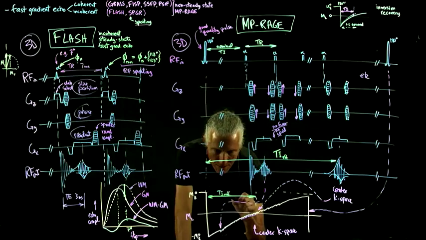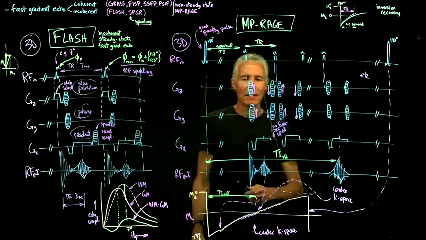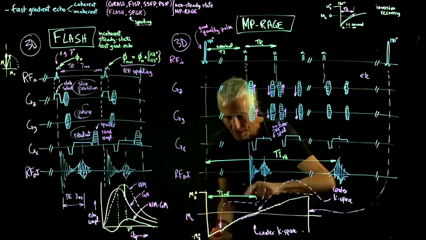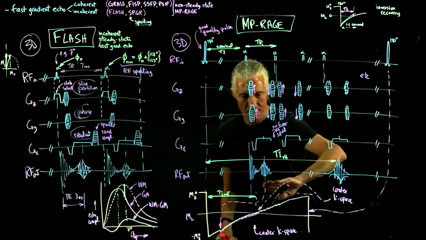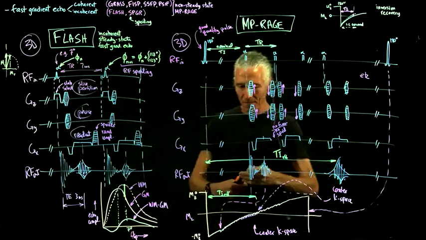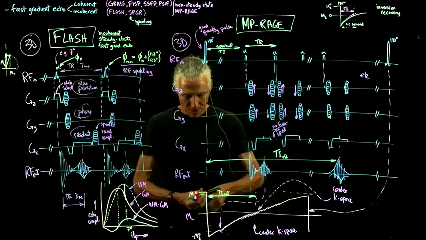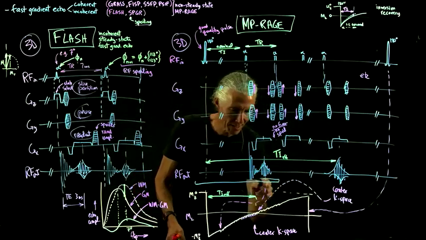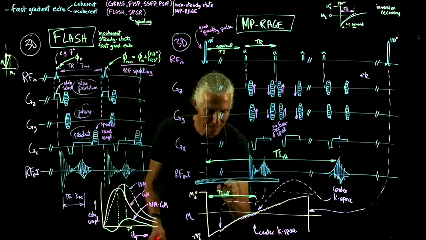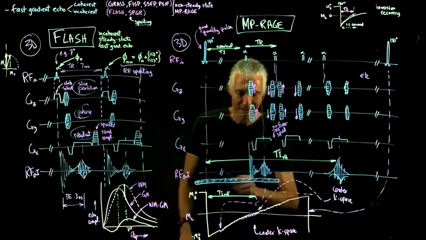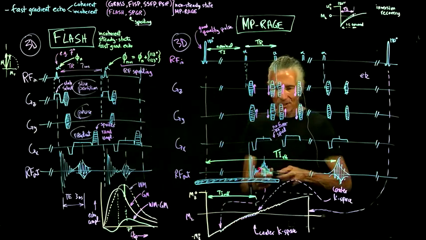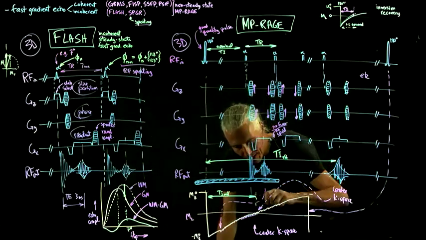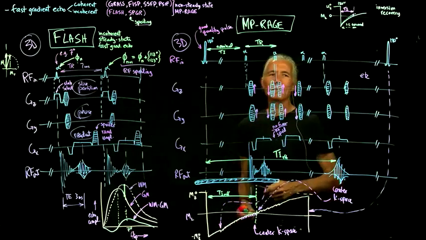And the scanners differ on how they, let's put a boundary in between there. So here, because these times are not lined up, that's a little boundary. So here's the TI effective. It's the time when you get to the center of k-space.